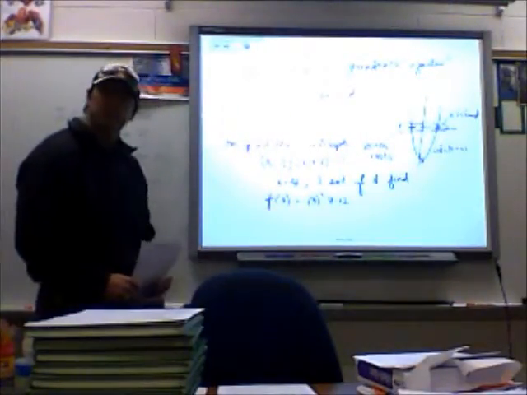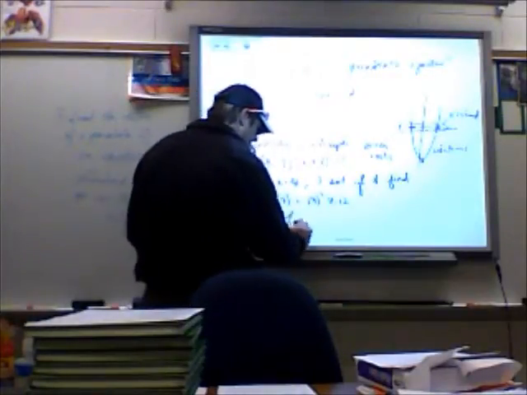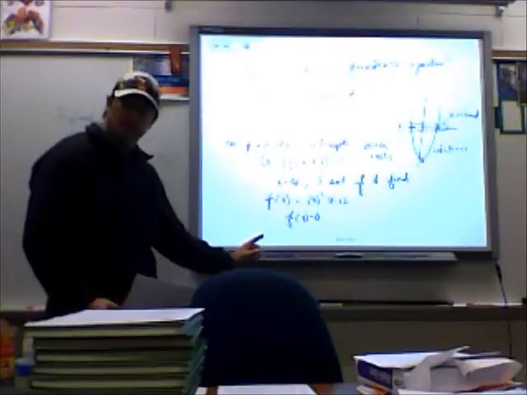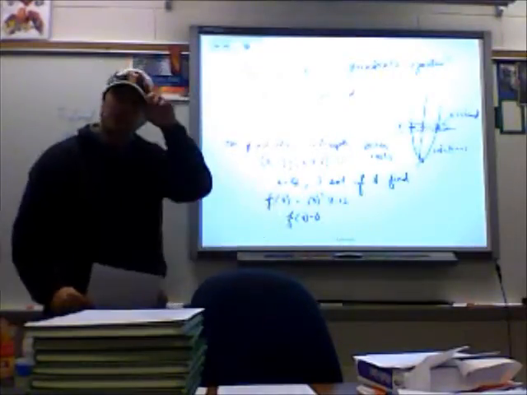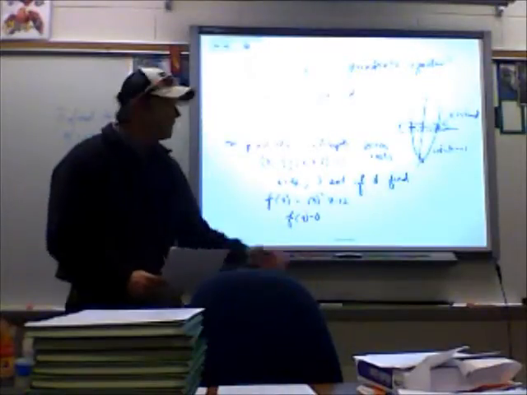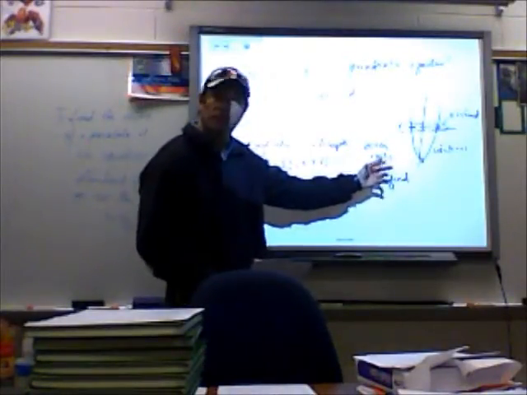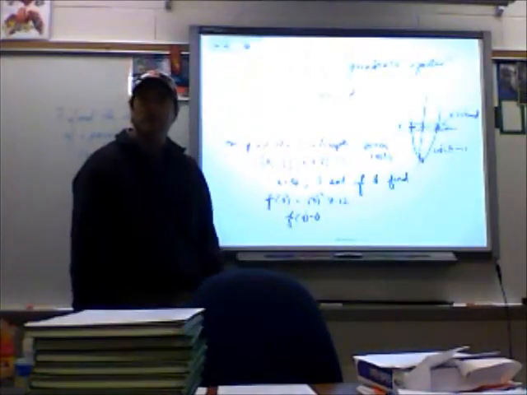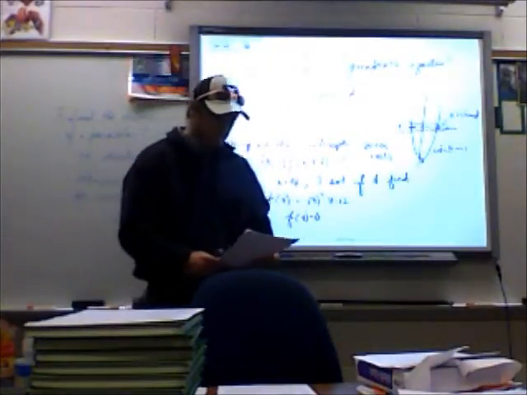That gives you 16 minus 16. F of 4 equals 0. Since 4 is the number that you plug in and get out 0, that means 4 is a 0. What else is it called? A root, a solution, an x-intercept, whatever. And that's what you do here.